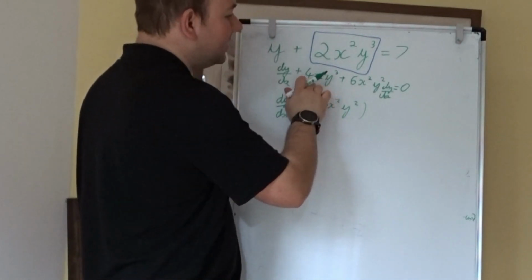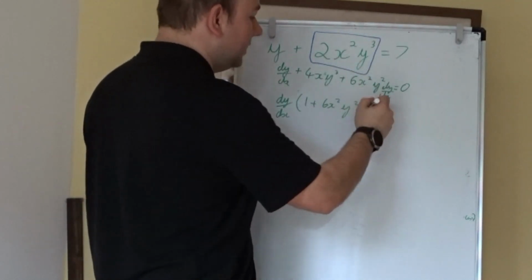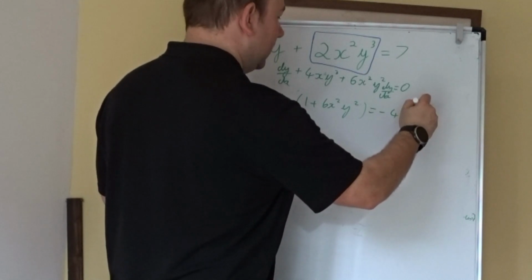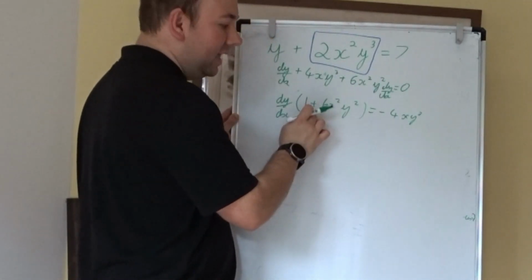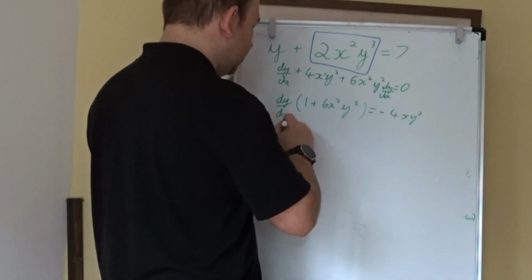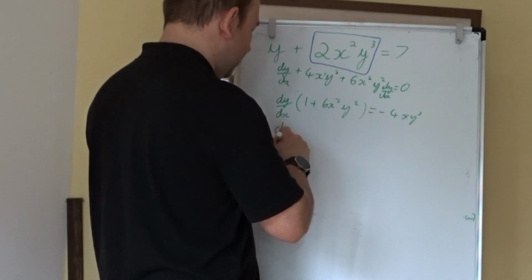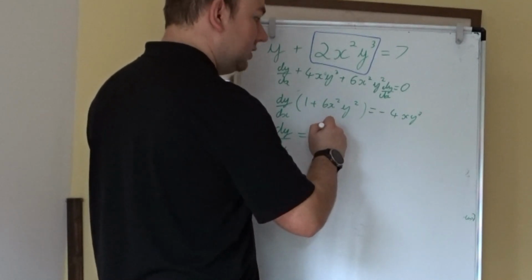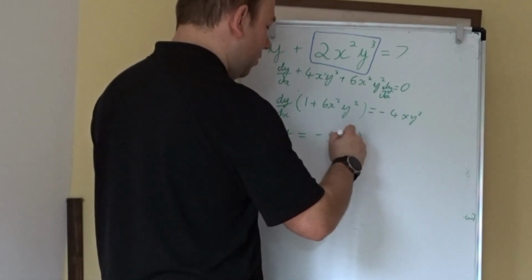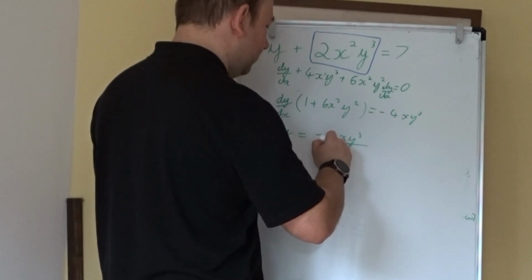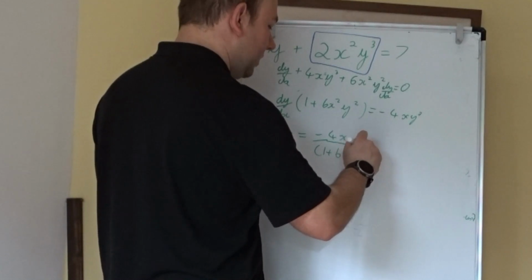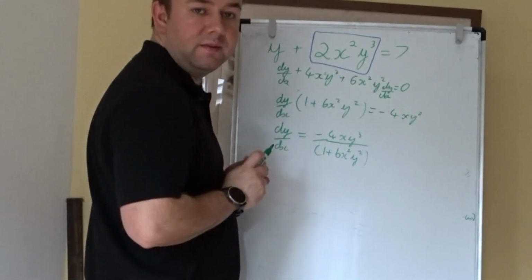And I'm going to take this term over to the other side, so I'm going to make this equal to minus 4xy cubed. Now if I take this bracket down and divide by this, I end up with dy by dx is equal to minus 4xy cubed all over 1 plus 6x squared y squared. And I've found my dy by dx.